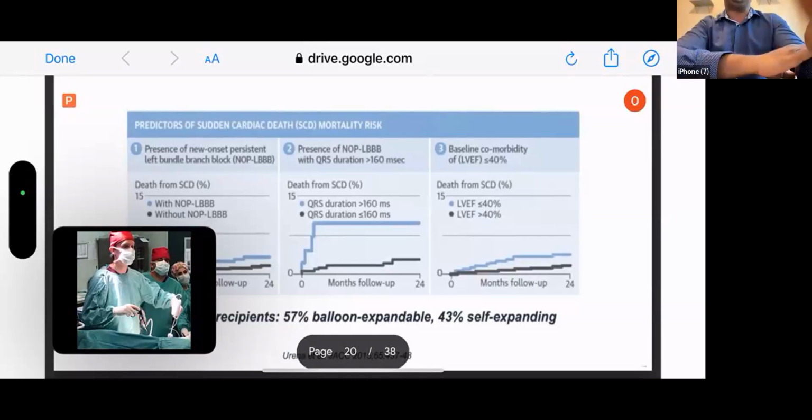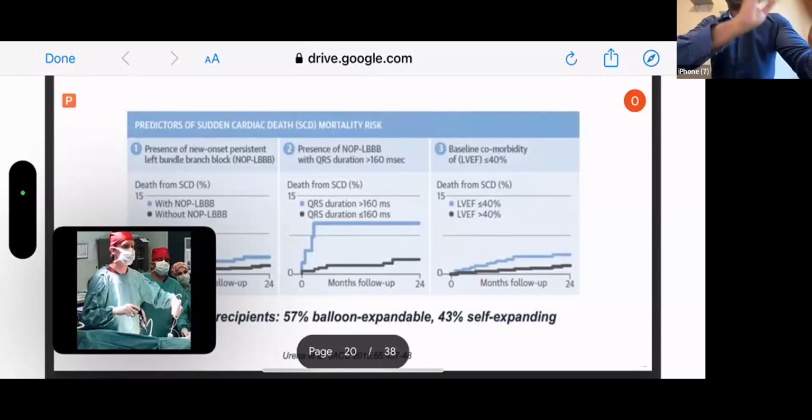And even in 2020, the American College of Cardiology expert panel just sat down together and decided to give expert guidance in what we do in these patients. So the development of new onset persistent left bundle branch block has been shown to increase sudden cardiac death.